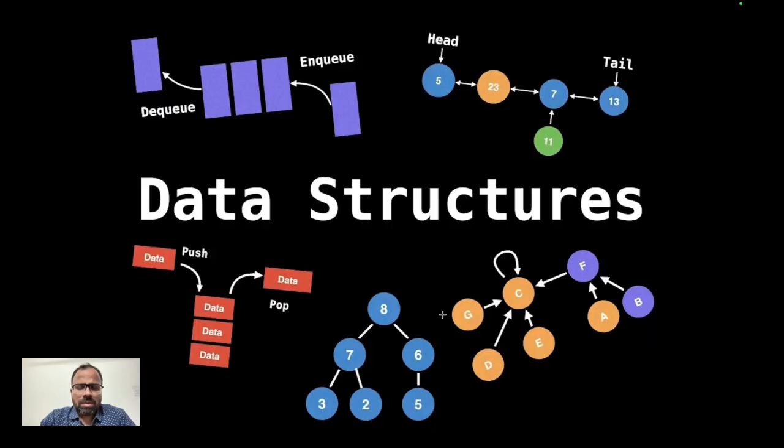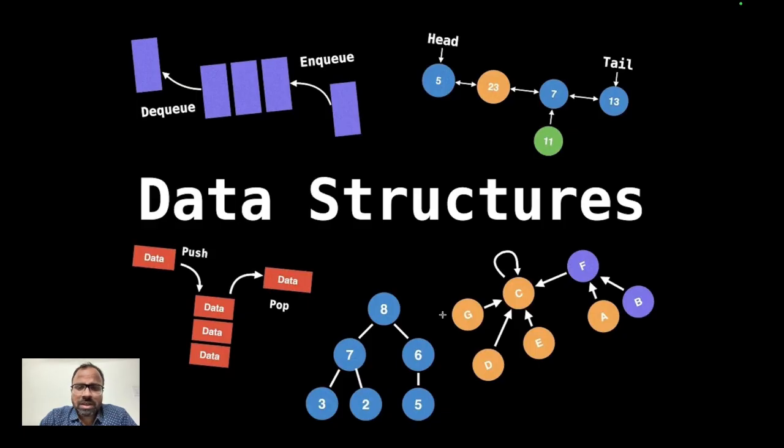Let's understand what a data structure is. Before giving you the technical definition, let me give you a real-time example. Imagine you are walking into a library. All the books are organized, right?